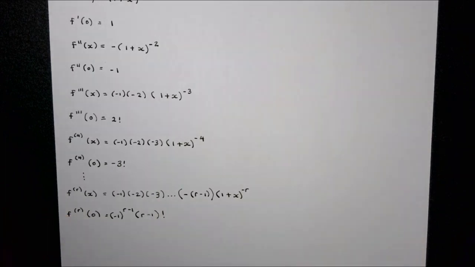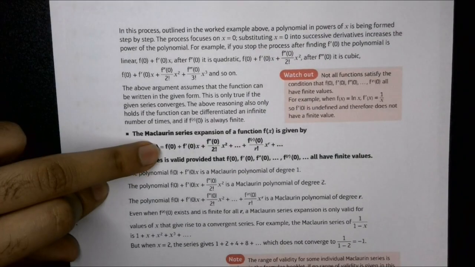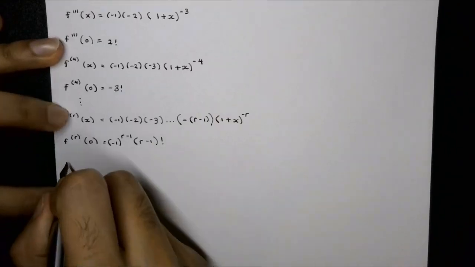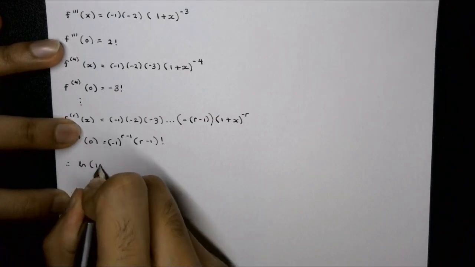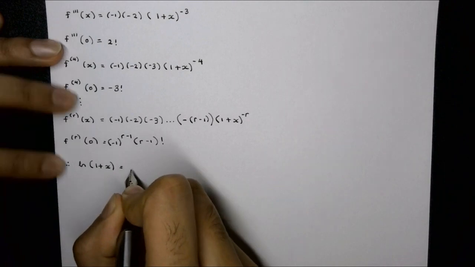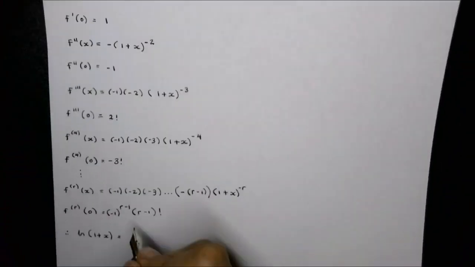Okay, so now what we can do is simply substitute into the general form of a Maclaurin series, as we see over here. So therefore, what you can hopefully see from here, the natural log of 1 plus x, this is equal to f of 0, which is 0, okay?